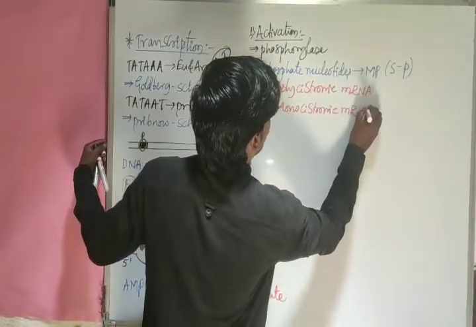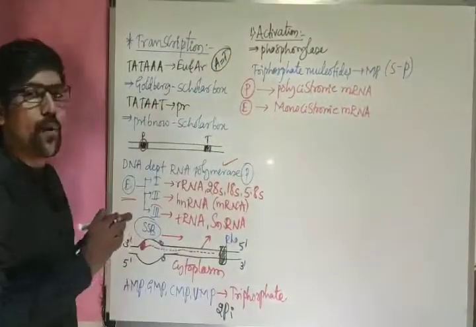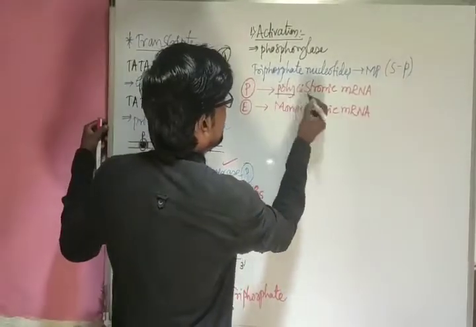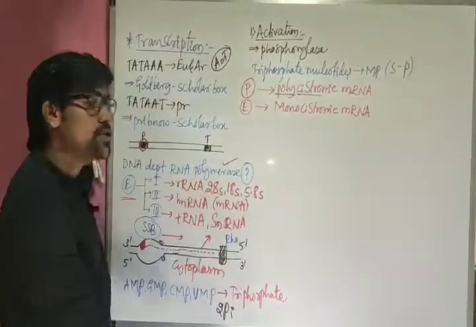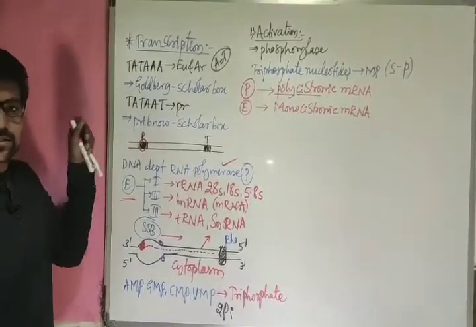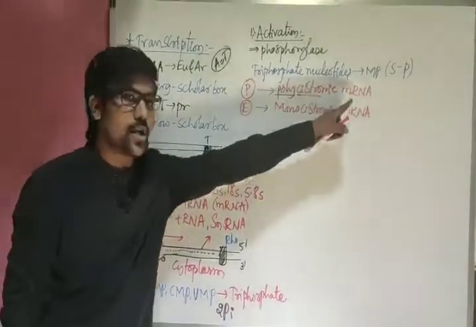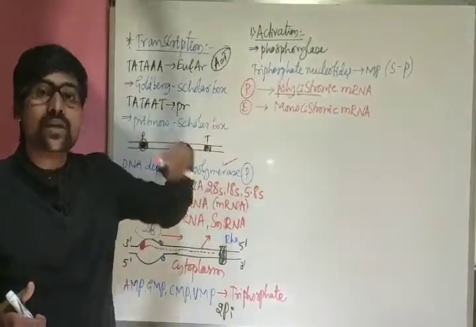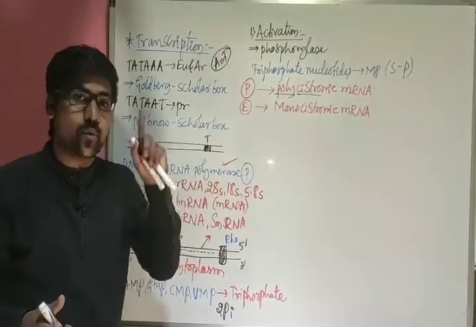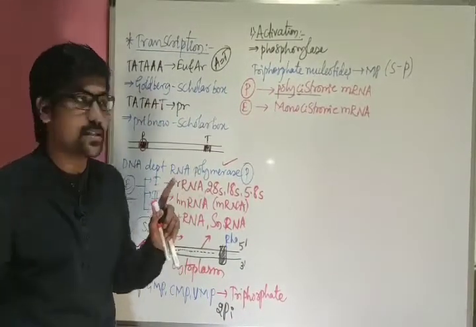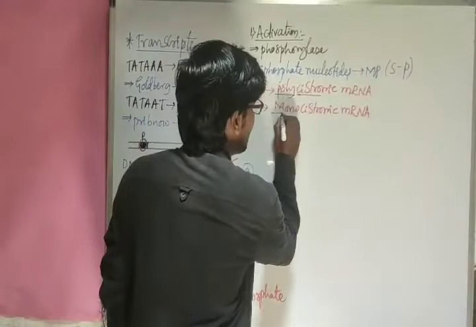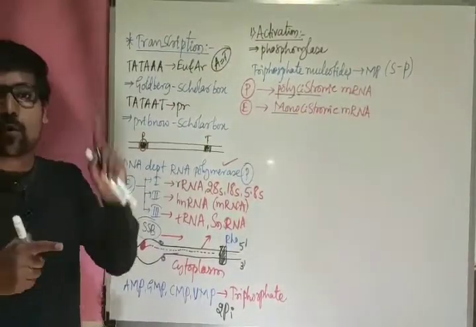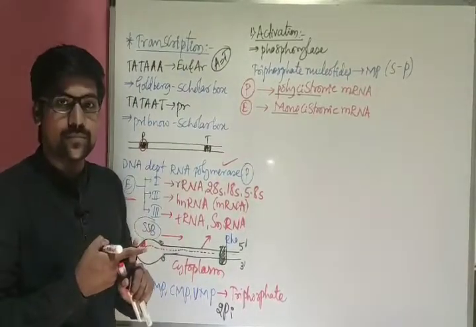So these are the special things you need to keep in your mind. What is a polycistronic mRNA meaning? Poly means, as already we know, many. Cistron means the structural gene or structure. Its simple meaning is structure. Polycistronic mRNA means one mRNA producing many enzymes, one mRNA producing many proteins. And monocistronic means, as the name itself indicates, one mRNA responsible for production of one polypeptide chain or one protein.